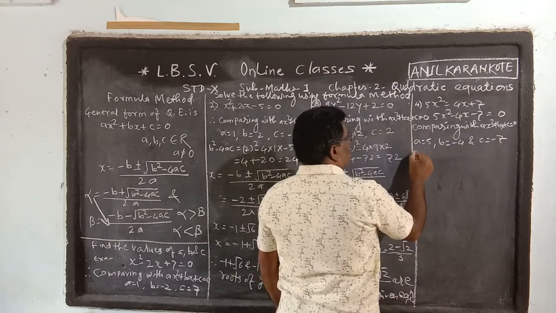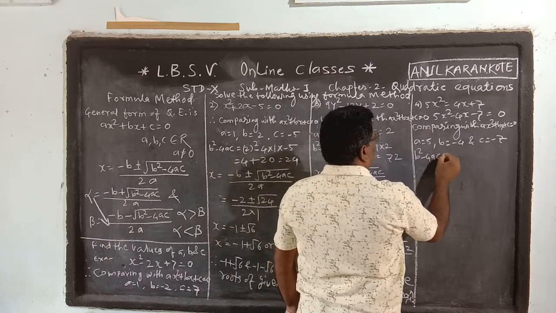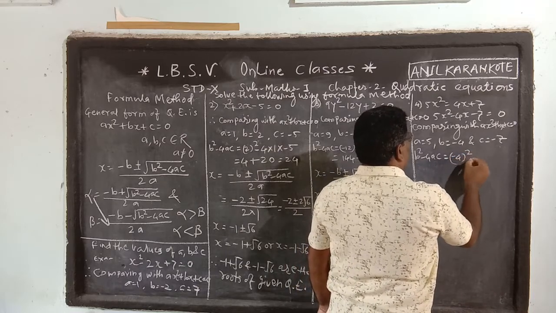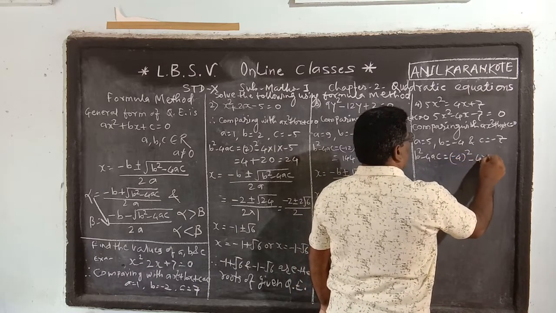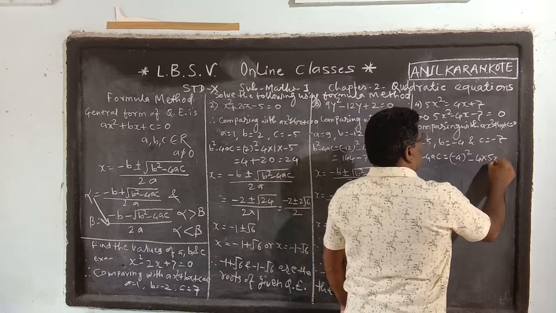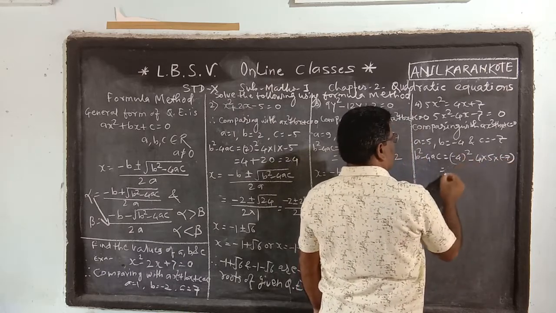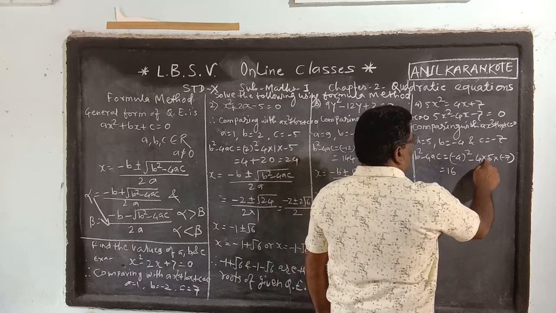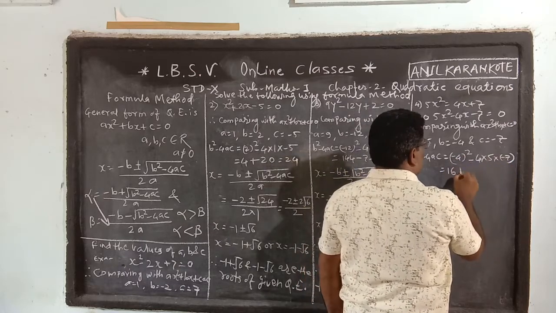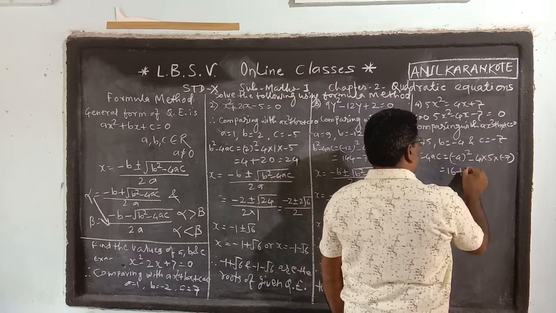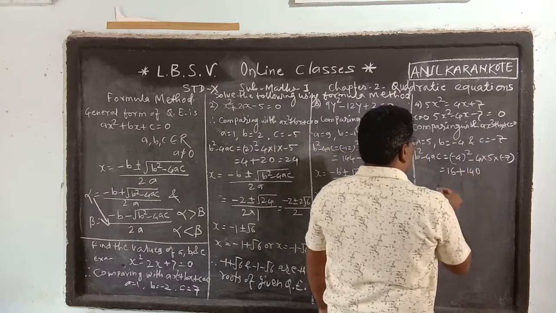Find the value of b square minus 4ac. b square minus 4ac is equal to minus 4 square minus 4 into 5 into minus 7, is equal to 16 plus 4 5s are 20, 20 into 7 is 140.